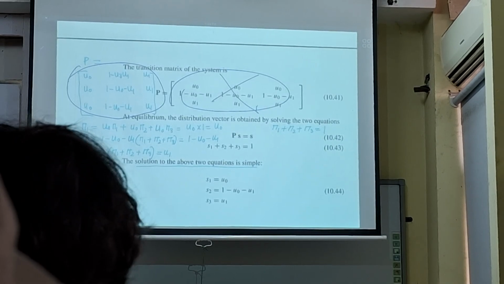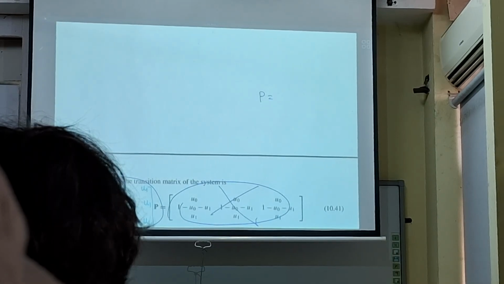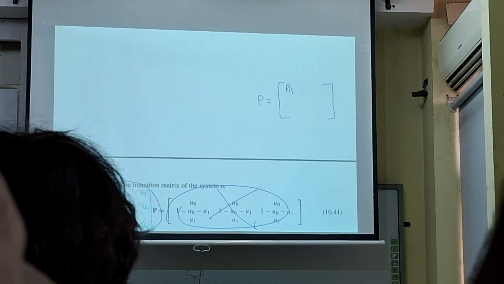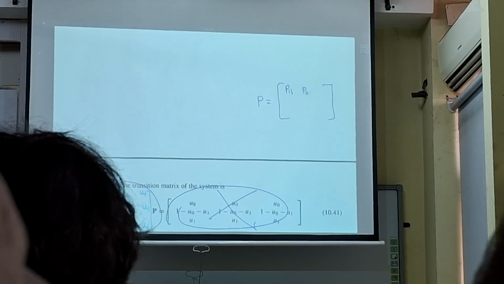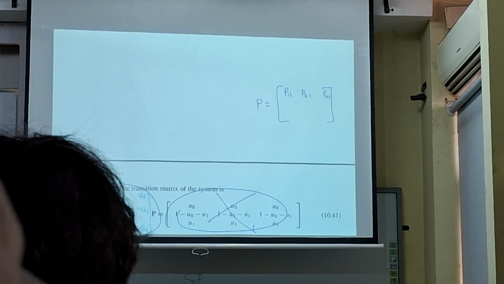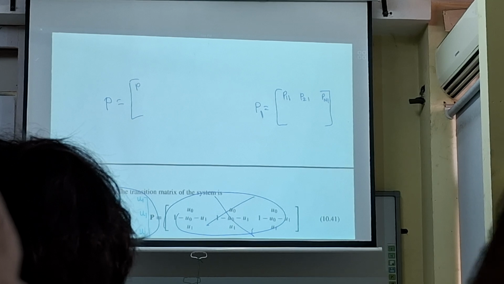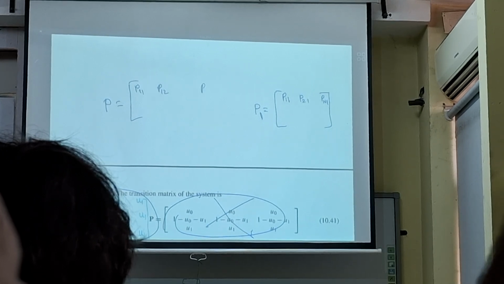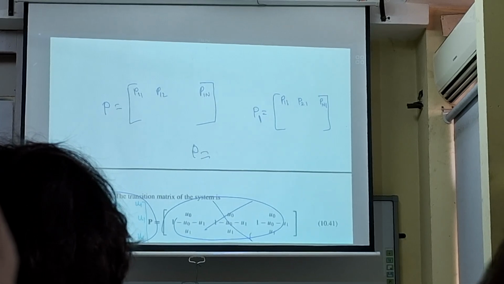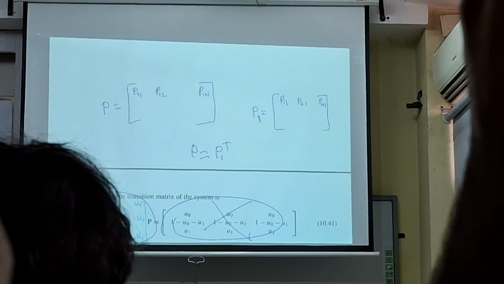As I mentioned in the last class, what the book does is P11, P21, and P81. But what we prefer is P11, P12, P1. So the P that we use is the transpose of the book's P.